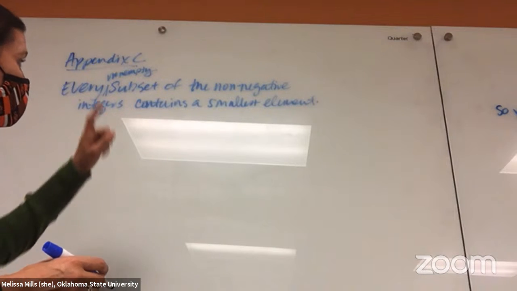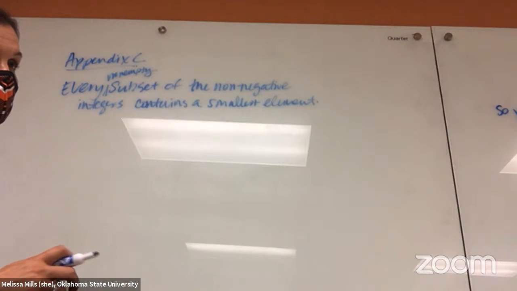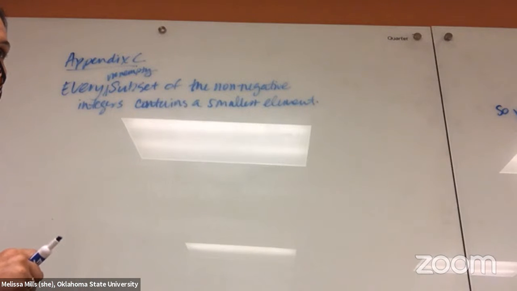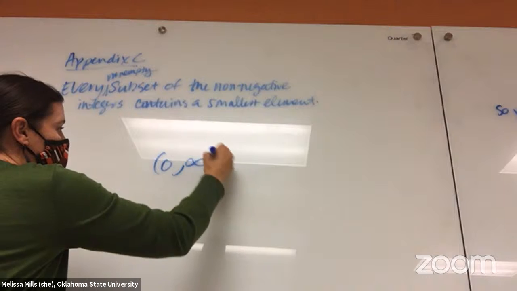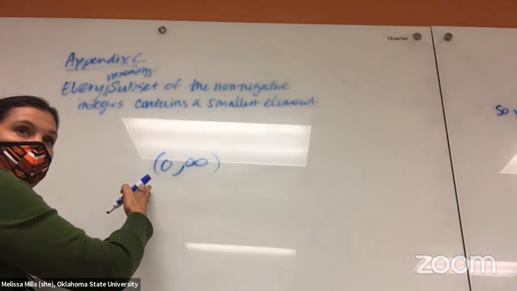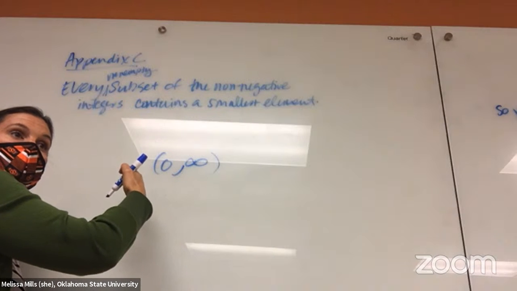Yeah, so, okay, how about of the non-negative real numbers? Just an open interval? Yeah, that's the idea. So something like 0 to infinity does not contain a smallest element. There's not a smallest element in there, right? Because I can keep getting closer and closer to 0.